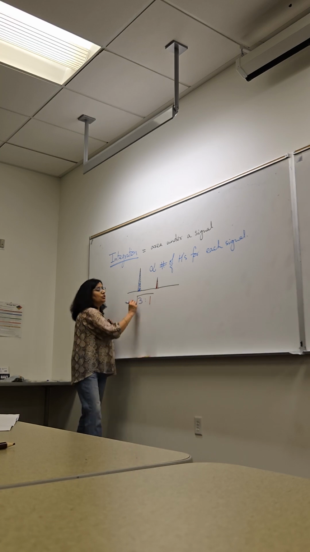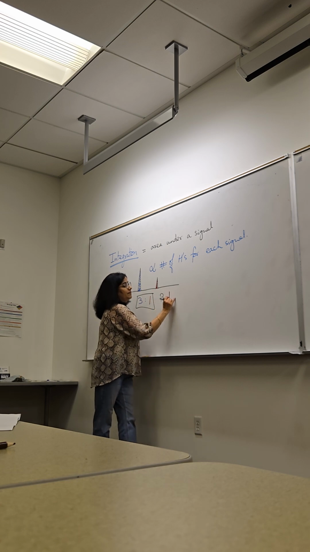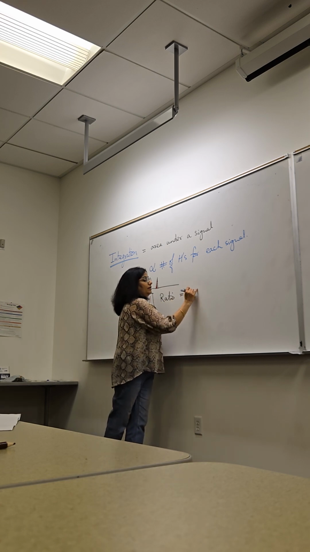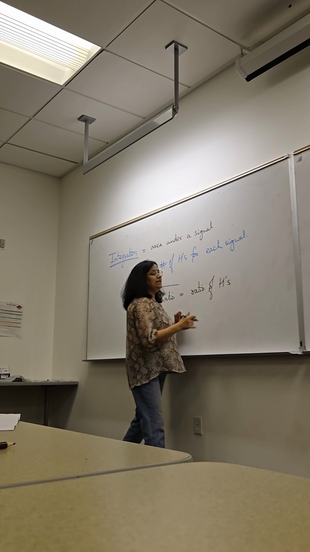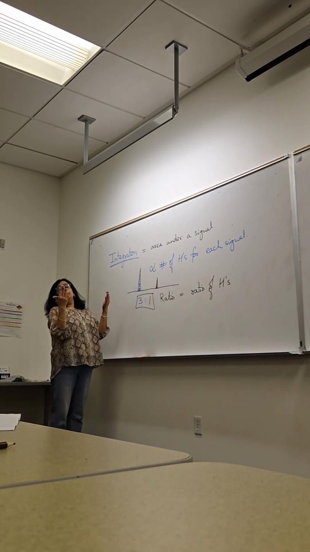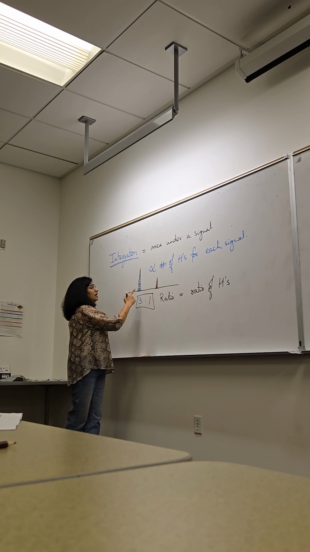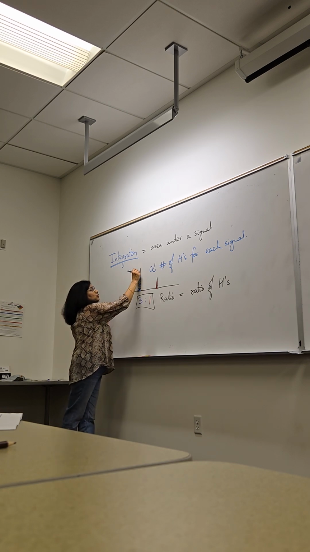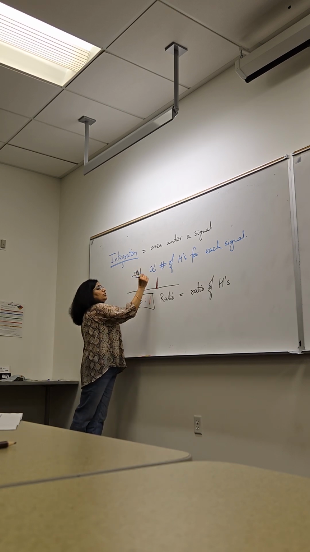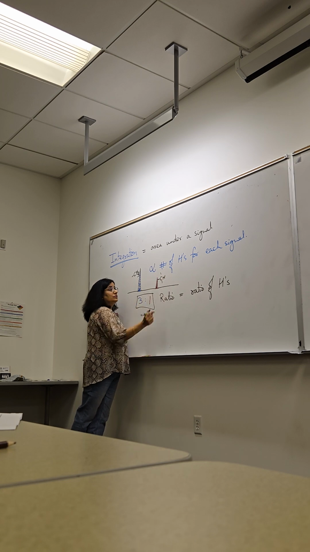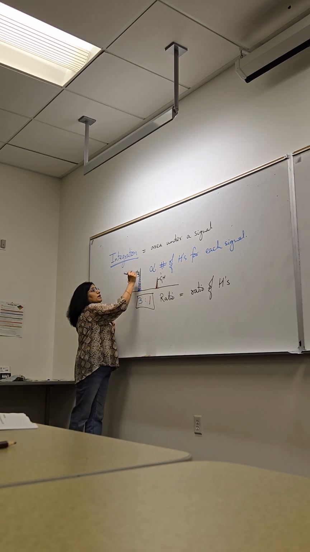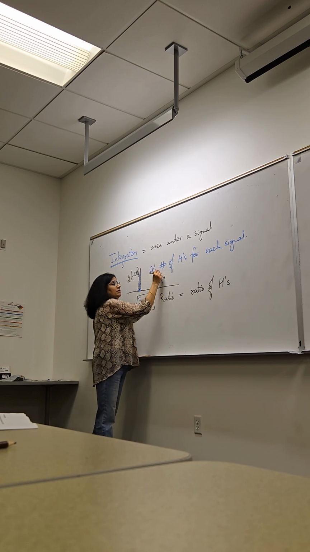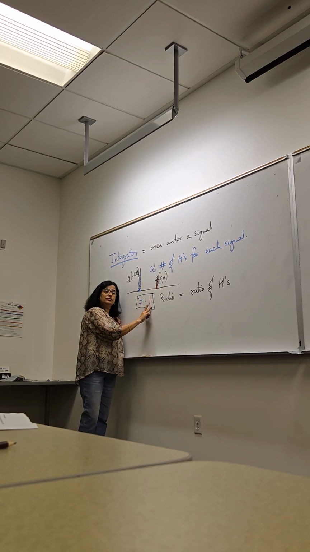Integration gives us the ratio of H's for each signal. It could be that this is a CH3 group, so that's 3, and this is a methine group, so that's 1. Or it could be that there are 6 of them versus 2 of them, as long as the ratio is 3:1. So it's always 3 to 1.